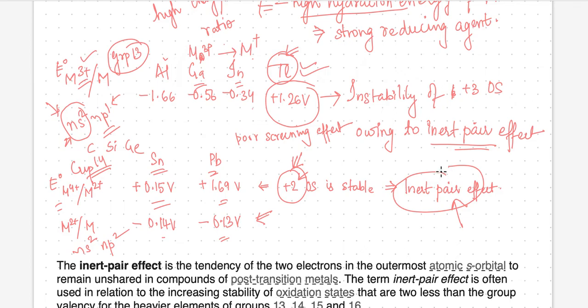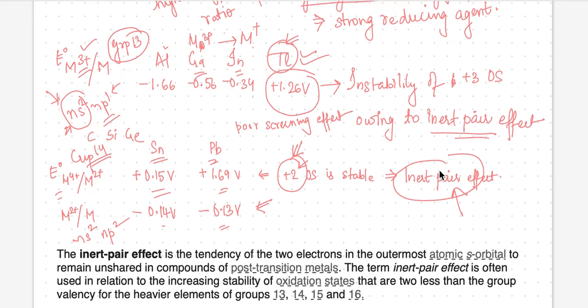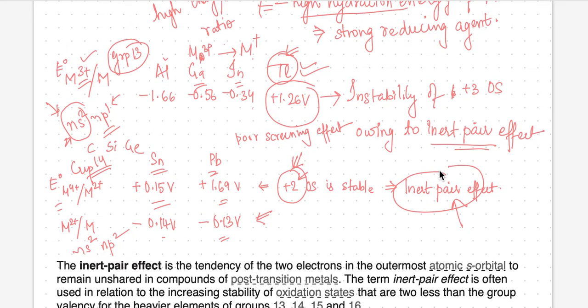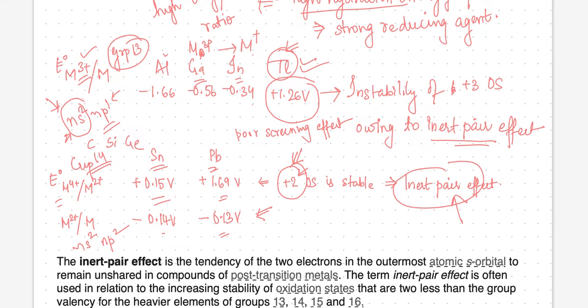Okay, so before we wind up, let us talk about the definition of the inert pair effect. So you can see here, the inert pair effect is the tendency of the two electrons in the outermost atomic s orbital to remain unshared in compounds of post transition metals.